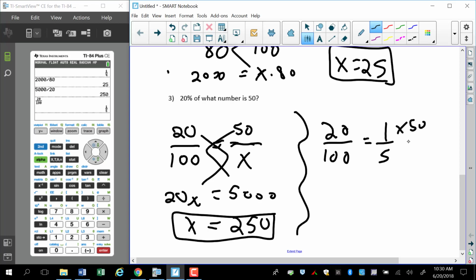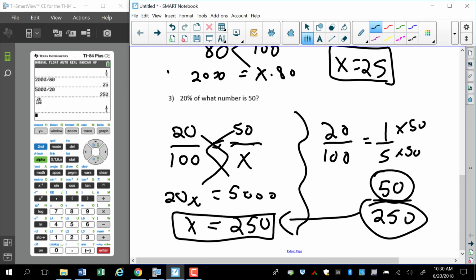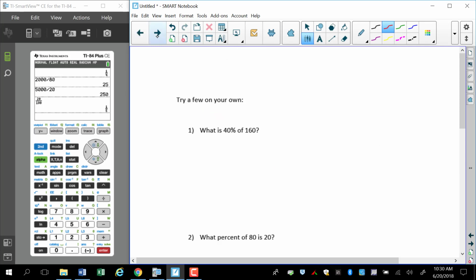So multiply by 50, and we get 50 over 250, which is the same answer that we arrived at before. So my suggestion would be to pick one of these ways. I am going to show you solutions ahead going this way. I think it's the most direct, understanding that a percent is out of 100 and just setting up a proportion. So flip over the page and let's try a few on your own. Pause the video now and see how you do.